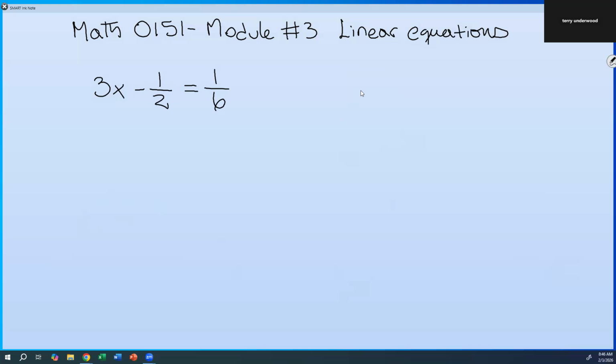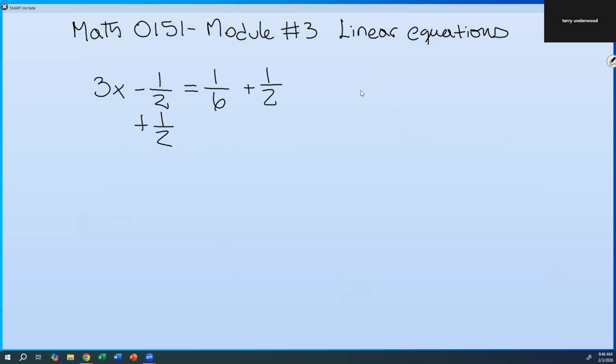First of all, if I move my 1/2 to the other side, if I add 1/2 to both sides, and I move my 1/2 here, it will be plus 1/2.